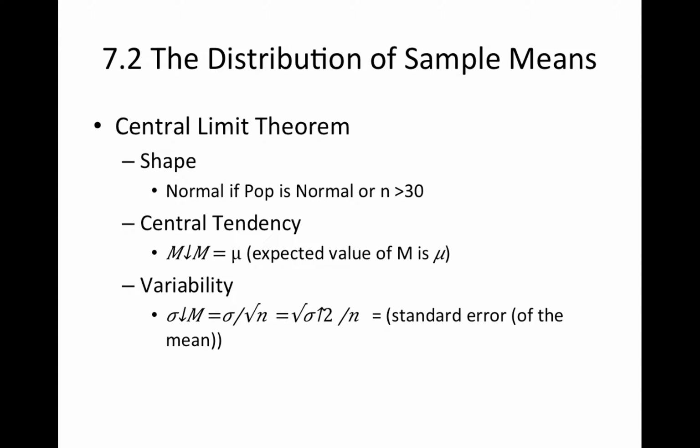So now, let's talk a little bit more about the distribution of sample means and the central limit theorem. So the central limit theorem is telling us that as long as the population is normal, okay, so you think about how the scores are distributed in the population. Generally, we're dealing with a lot of normally distributed populations, but sometimes there's population distributions where the values that we get from the population are skewed, let's say.